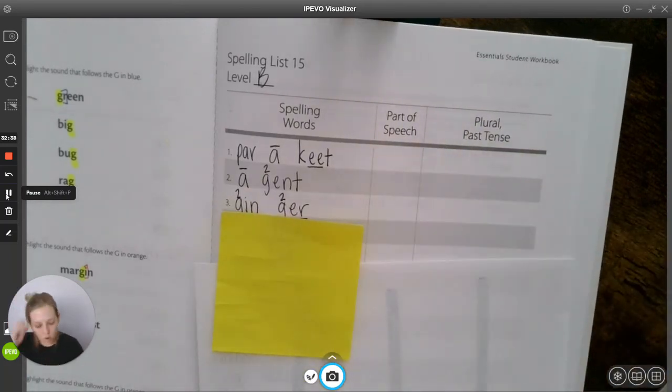Number 4, collect. Sarah is trying to collect coupons. Two syllables. First one is call. Sound it out. K-A-L. Finger spell.